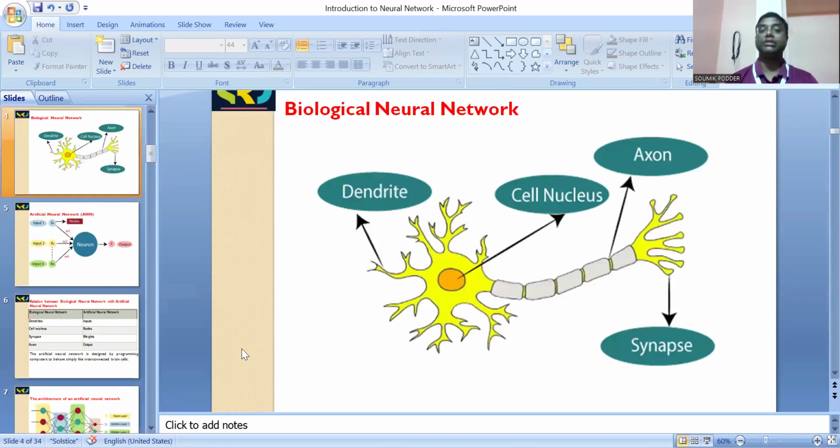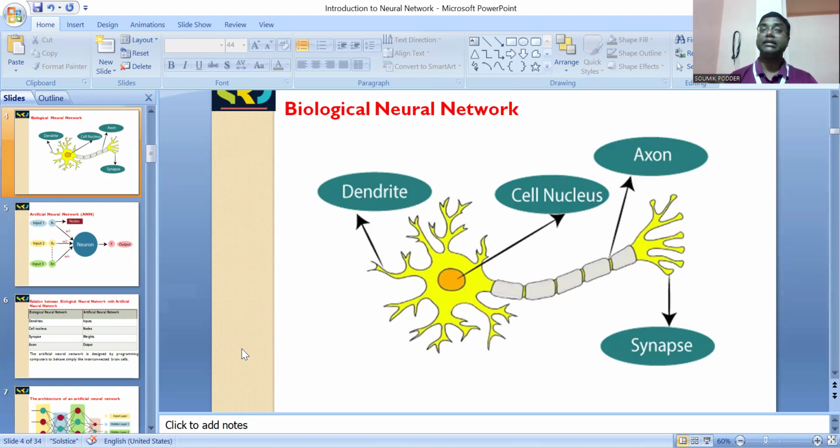This is the structure of the biological neural network. Here we have seen the different components of the BNN. First one is the dendrite that can accept the inputs, the signals from the rest of our body.